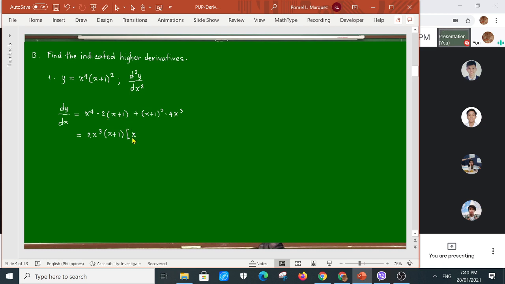So there is a remaining just x. Plus, what about here? I removed 2 out of 4 as a factor, so remaining 2. Then no more x cubed, and then no more x plus 1. So that is equal to 2x cubed, then x plus 1 multiplied by 3x plus 2. Am I correct, children?